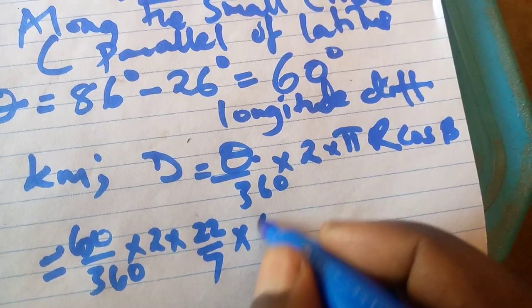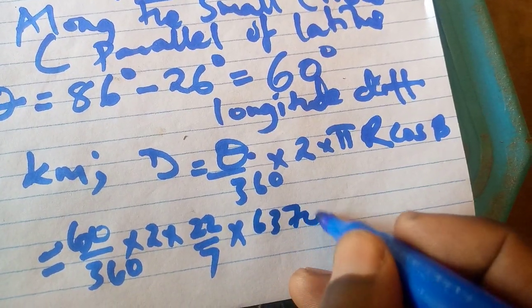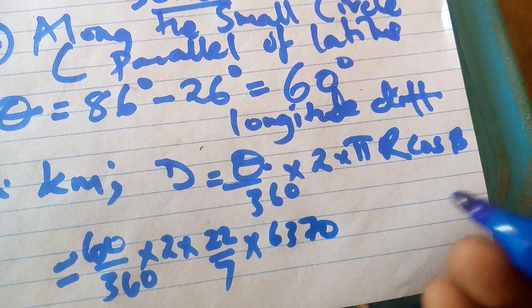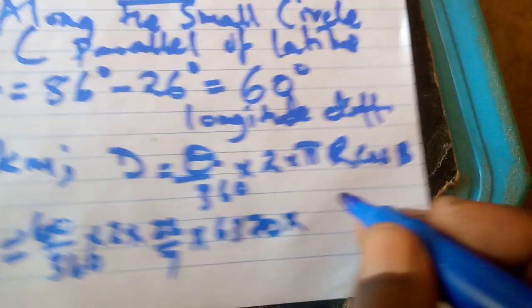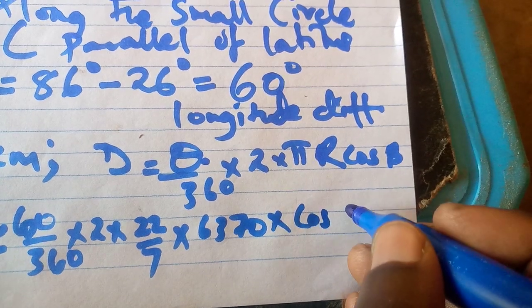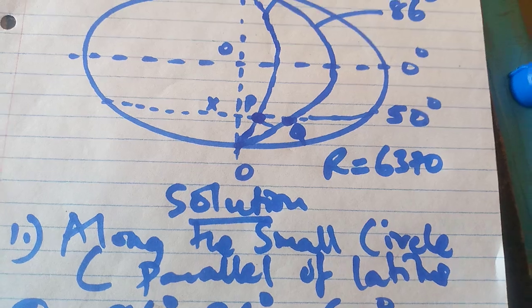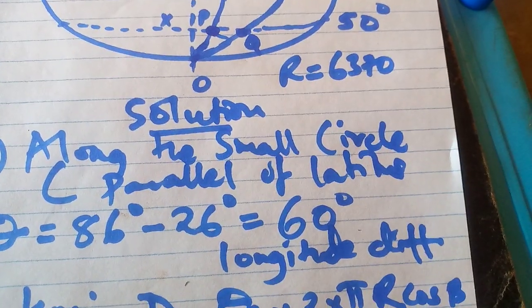So using it here, 6370 times the cosine of latitude. I've said the latitude is latitude 50.